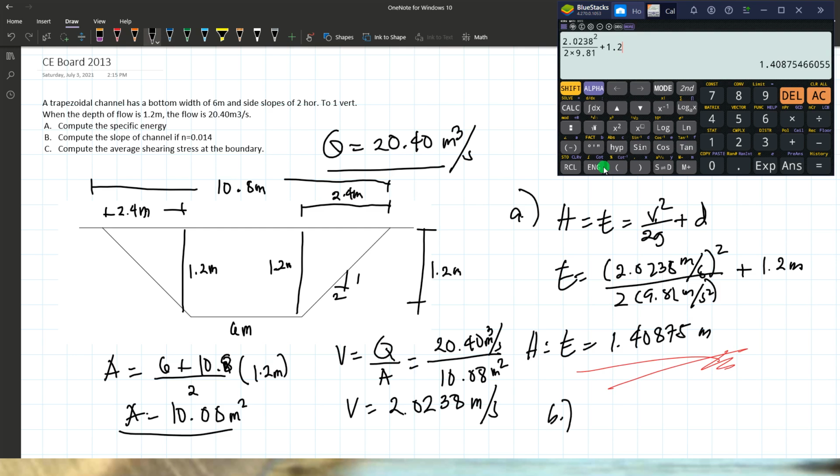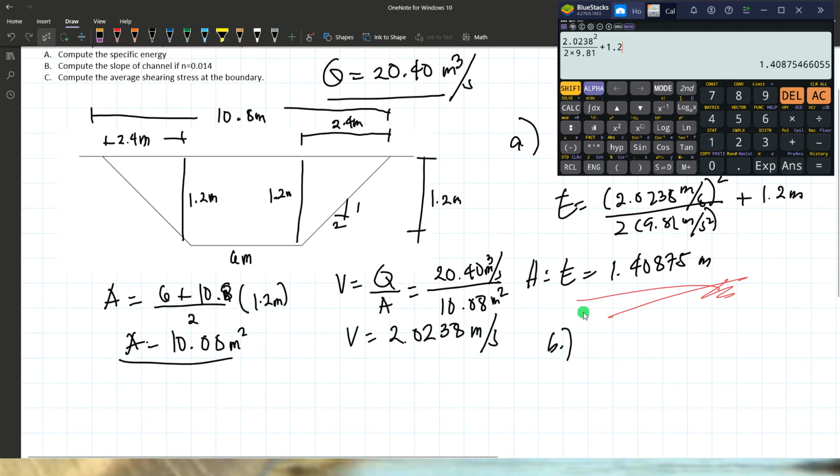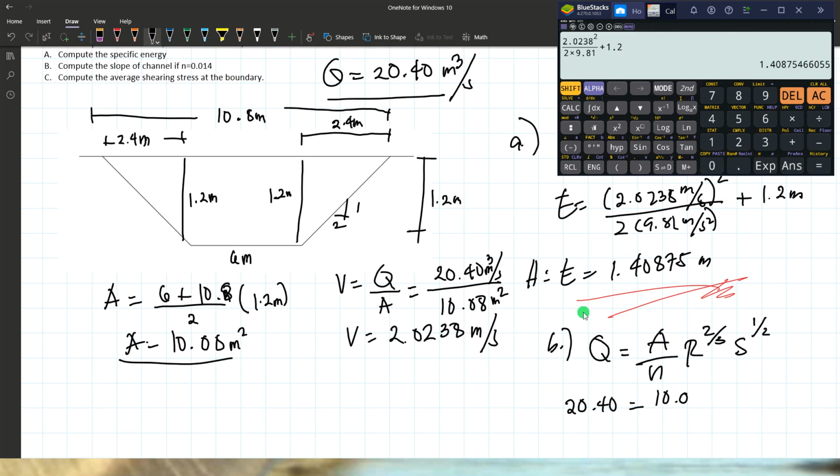For letter B, compute the slope of the channel. So how can we determine the slope of the channel? Using Manning's formula, we have Q equals A over n, R raised to 2/3, S raised to 1/2. Q is 20.4, area 10.08, over n 0.014, that is given.